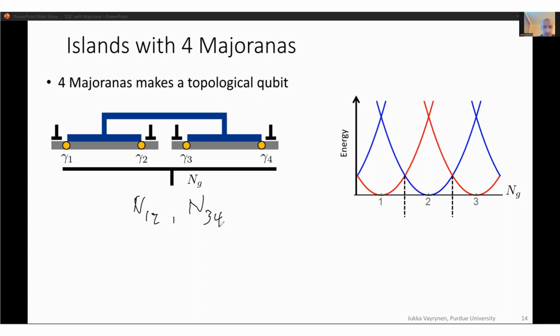And then we have a number operator for the superconductor, and you could consider a case where there were 2 different superconductors, one for every pair of Majoranas, and then you would need 2 numbers to label the charge of the superconductor.